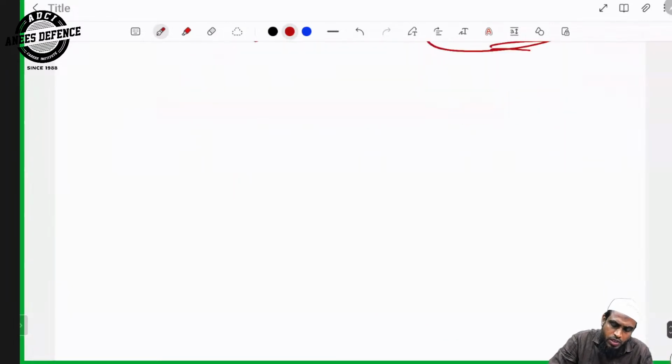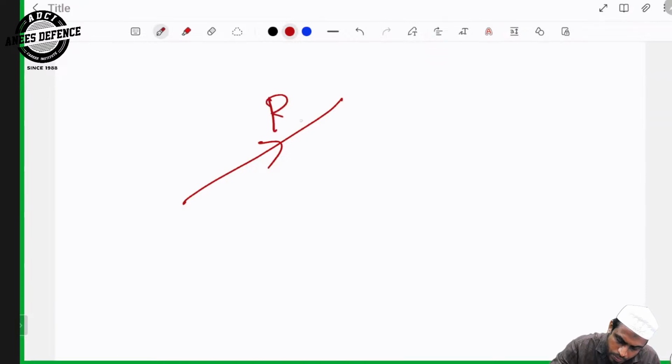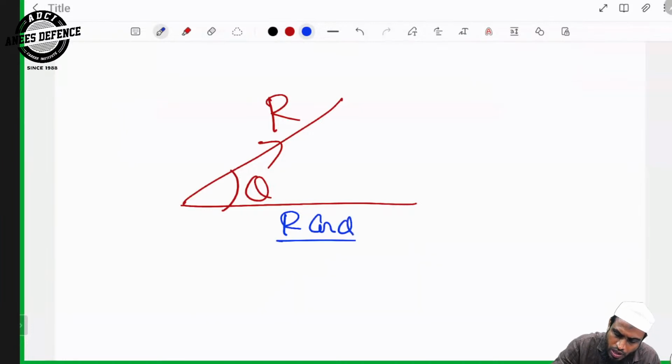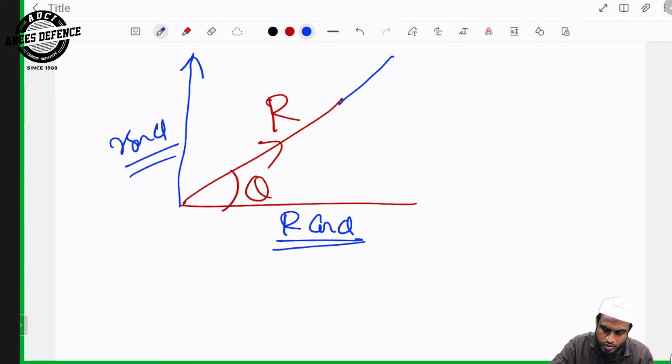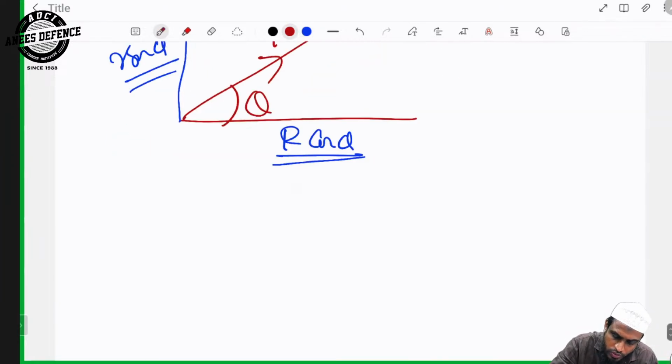So the meaning is, if you are given a vector R and this angle is theta, then this component can be represented as R cos theta, and this component can be represented as R sin theta. You have to provide the length like this.